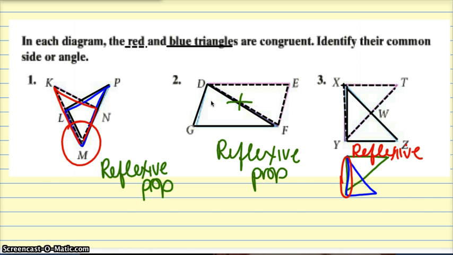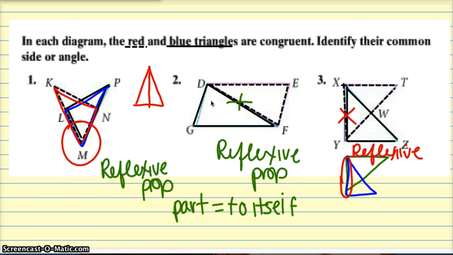The purpose of this slide, sorry, that's kind of a mess, is to show you that the reflexive property doesn't necessarily come always when two triangles are sitting side by side nicely. 2 is sitting side by side, 3 are actually on top of each other, and in problem 1, the angles are shared. So essentially, reflexive property is when a part is equal to itself.